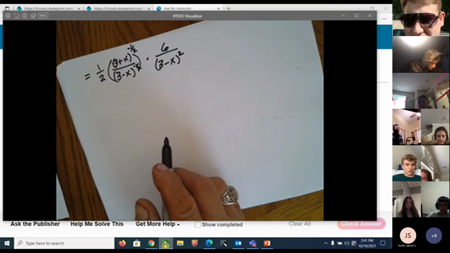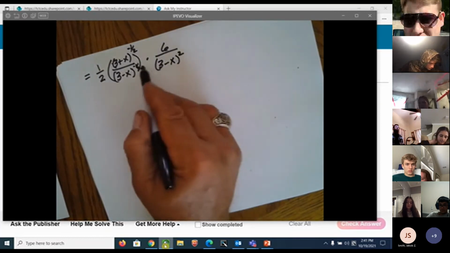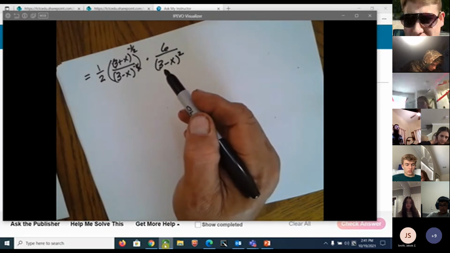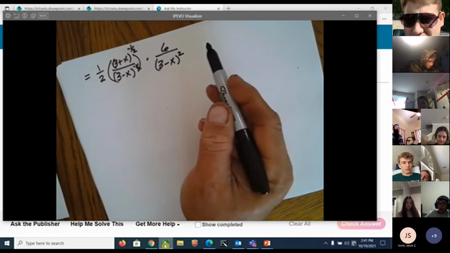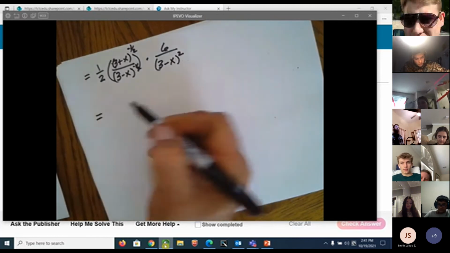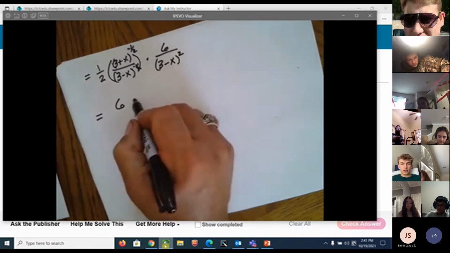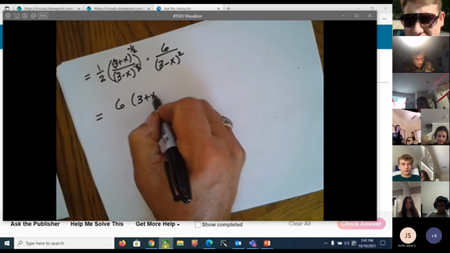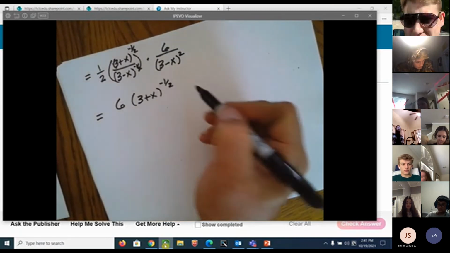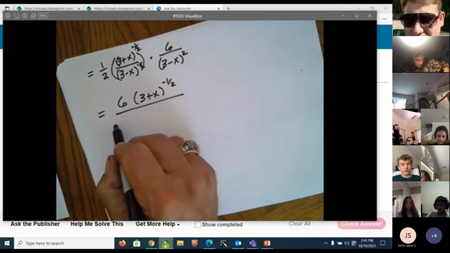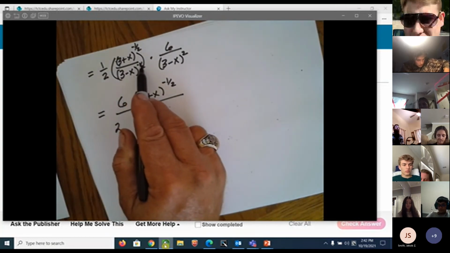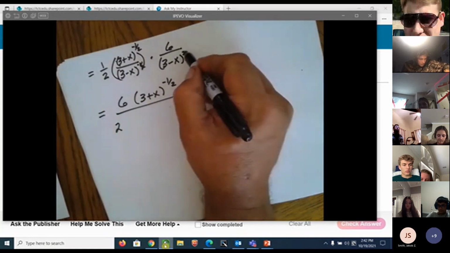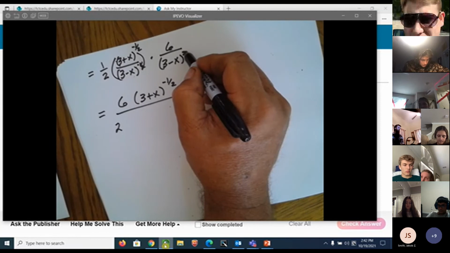And of course, I don't have to get a common denominator because we're not adding. So you could actually multiply this out if they want you to. It's going to be 6 times 3 plus x to the negative 1/2 over 2. These are the same, so it's negative 1/2 plus 4/2, what is that? 3/2?